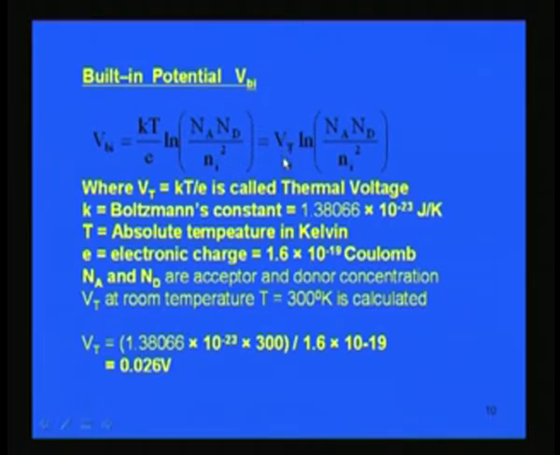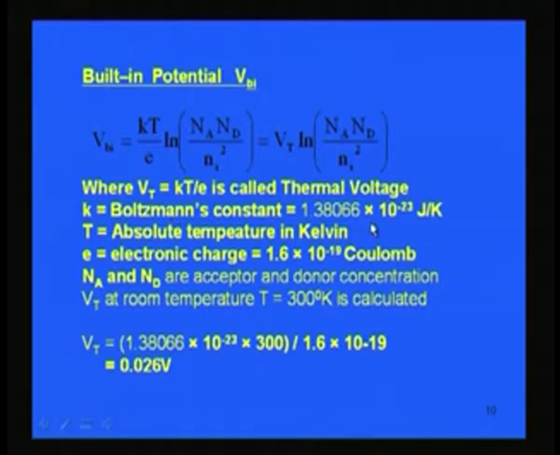This term kT by e can be expressed as thermal voltage, called thermal voltage Vt, which is equal to kT, that is Kelvin temperature, divided by the electronic charge, where k is the Boltzmann constant.